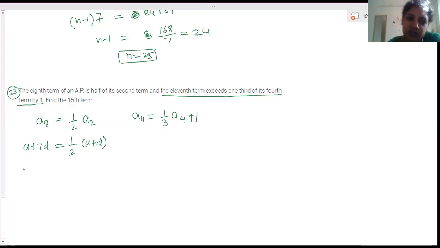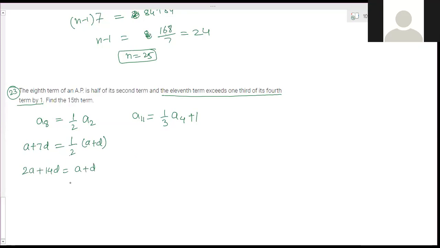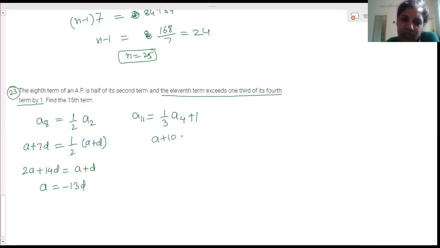2 will go to this side. 2A plus 14D is equal to A plus D. So A is equal to minus 13D. Then here A11 means A plus 10D is equal to 1/3 of A plus 3D plus 1. Take LCM here. So A plus 3D plus 3 by 3 is equal to A plus 10D.